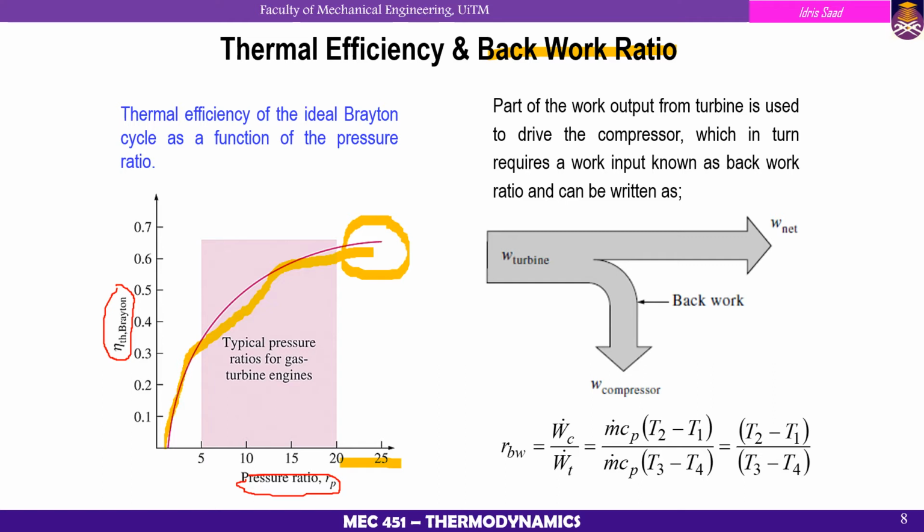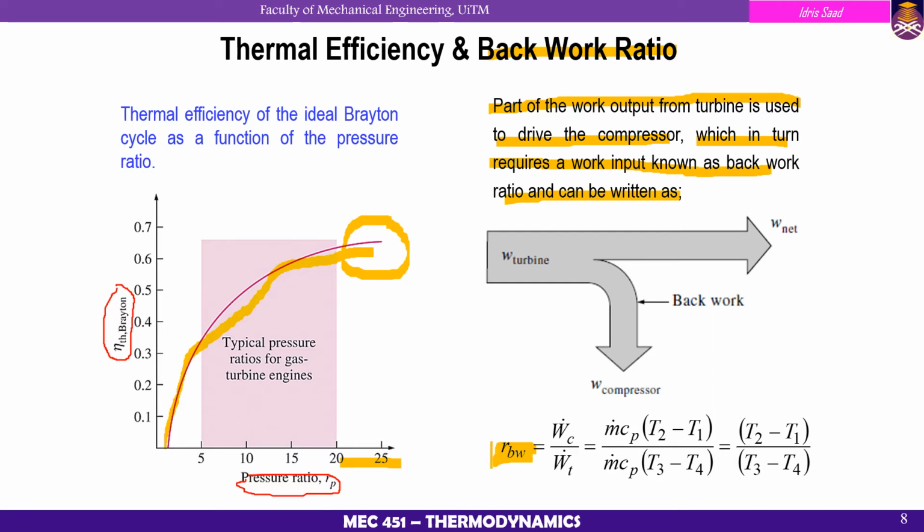However, part of it needs to be transferred to the compressor in order to compress the air. So part of the work output from the turbine is used to drive the compressor, which requires a work input known as the back work ratio, and this is the formula of the back work ratio, symbolized as Rbw.